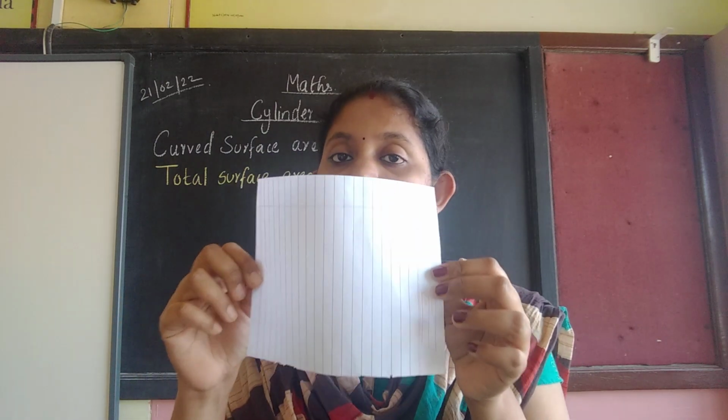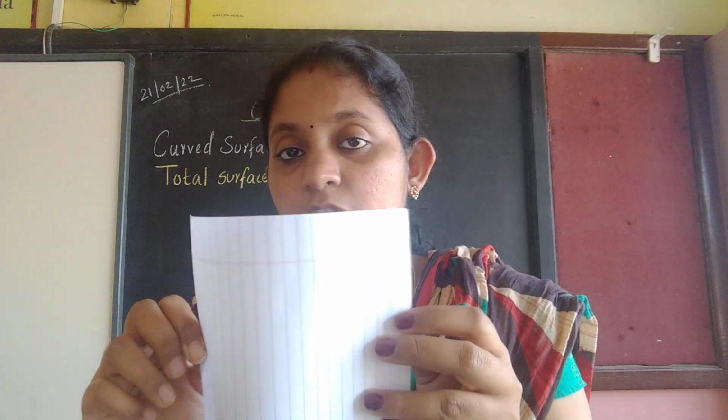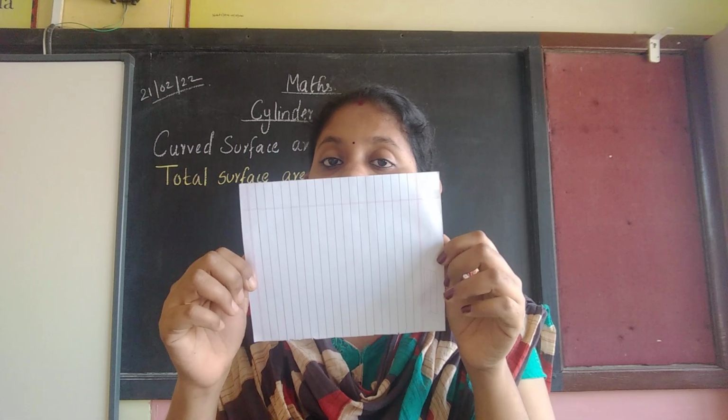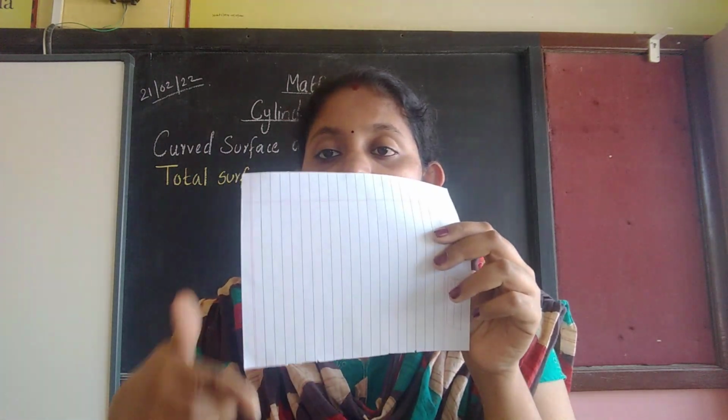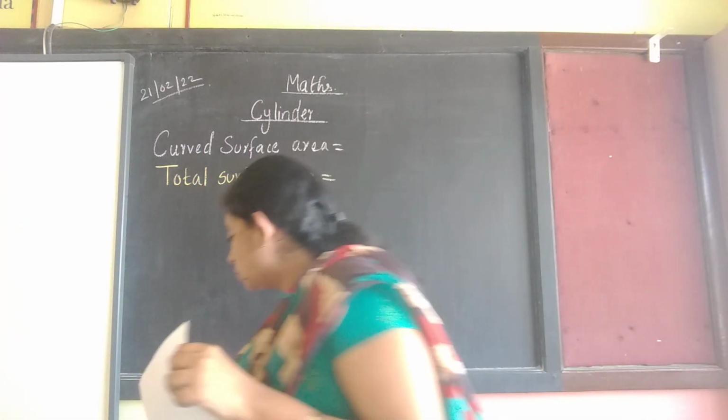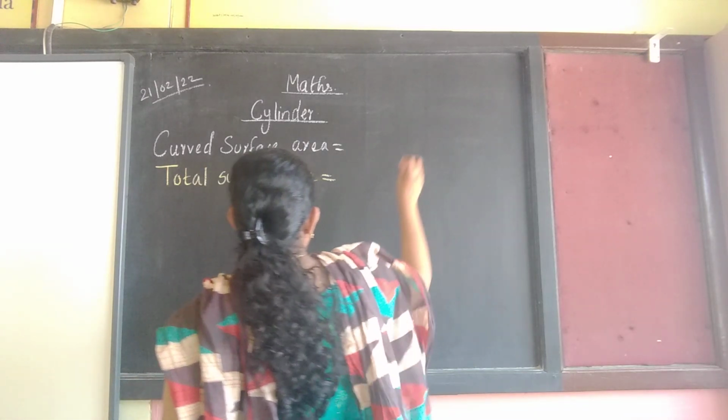Now how will the formula for curved surface area be? What is the area of a rectangle? Length into breadth. So using the area of a rectangle, we will find the curved surface area. Length into breadth.